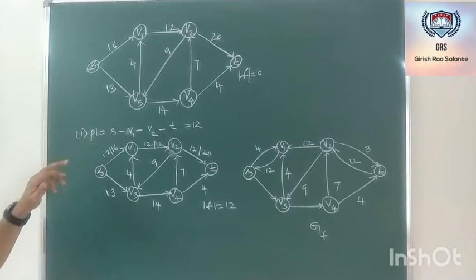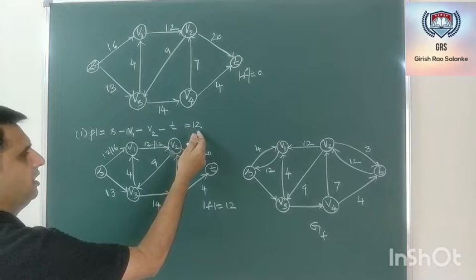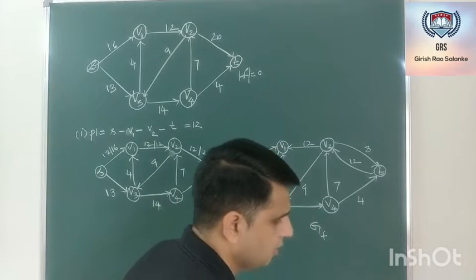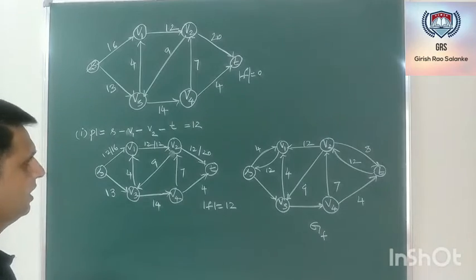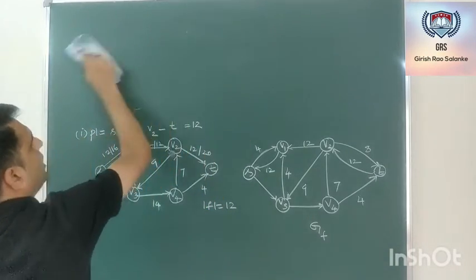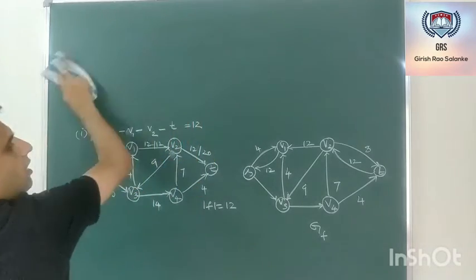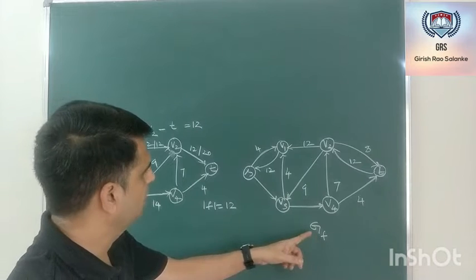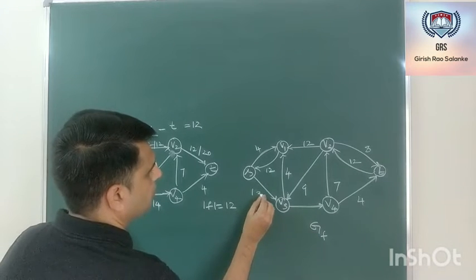If I am considering the augmenting path P1 with a bottleneck capacity 12, I have my flow as 12. Next, I'll go for the next augmenting path. I need to check whether there is an augmenting path in my residual network. This is my residual network. Is there an augmenting path? What is this? 13.